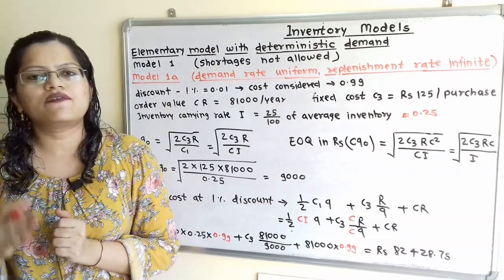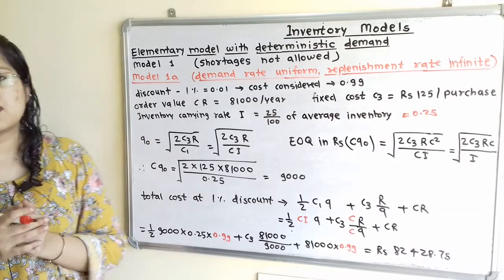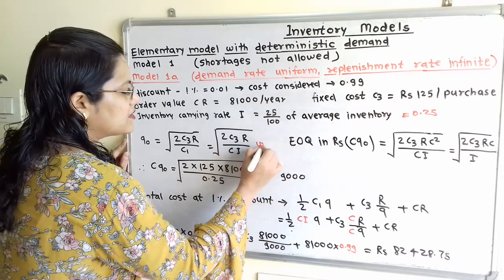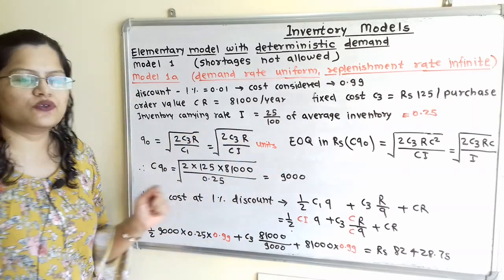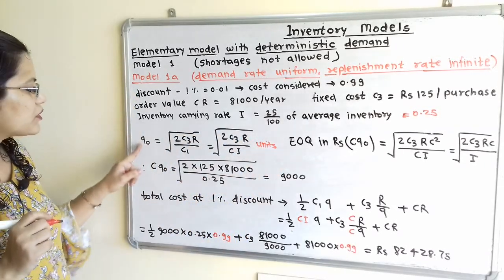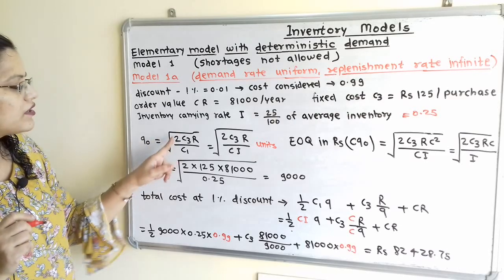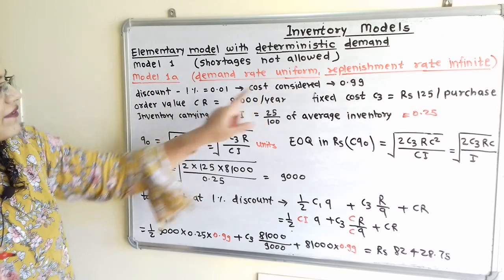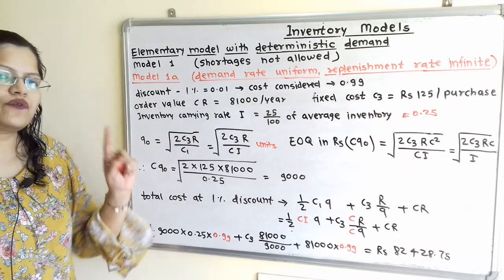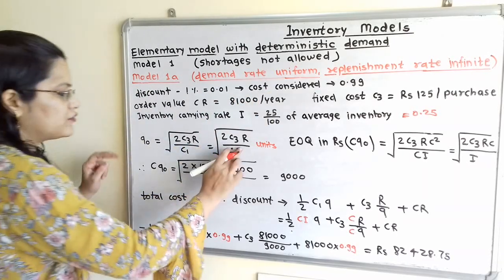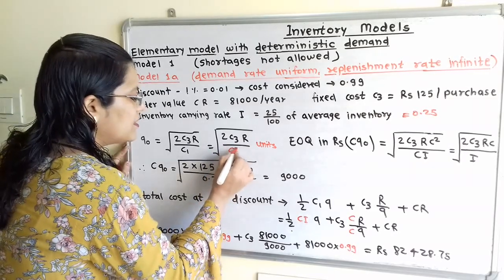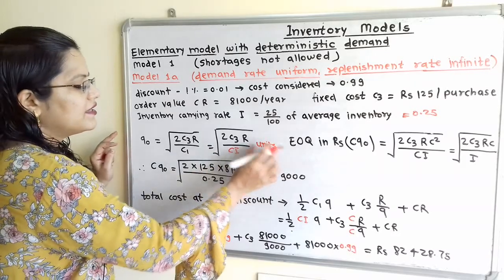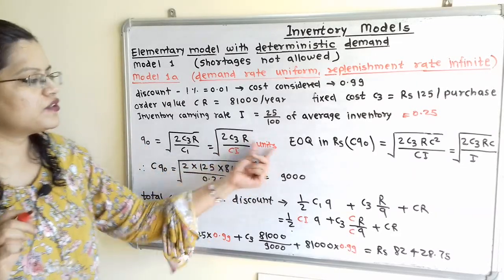For that we will first calculate the optimal lot size. This is the formula, in units. Q0 is equal to the square root of 2C3R by C1. But if we observe the given data, C1 is not given. So we can replace this C1 with CI. So the square root of 2C3R by CI, and this is in units.